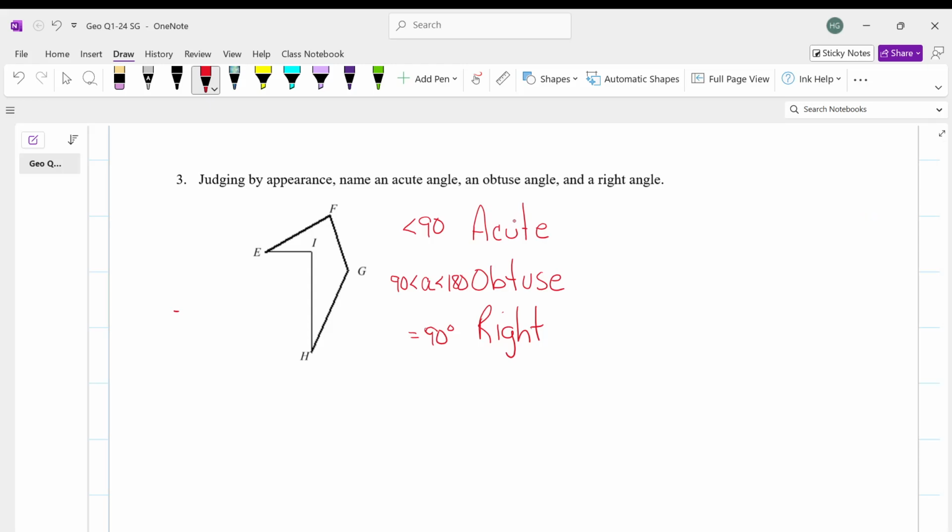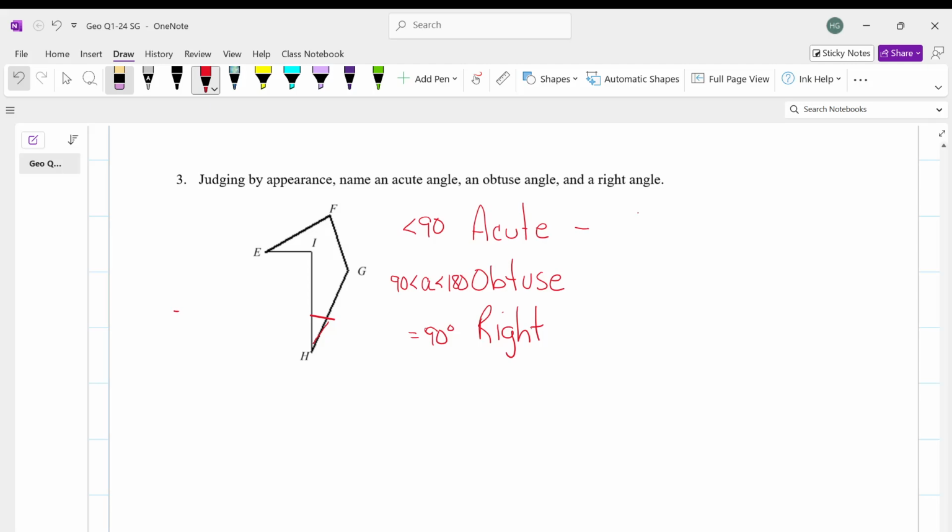So an acute angle, less than 90 degrees. I see a couple of them, all right? It looks like angle H down here. That could be an acute angle, right? Does everybody see it? Looks like it's less than 90 degrees.